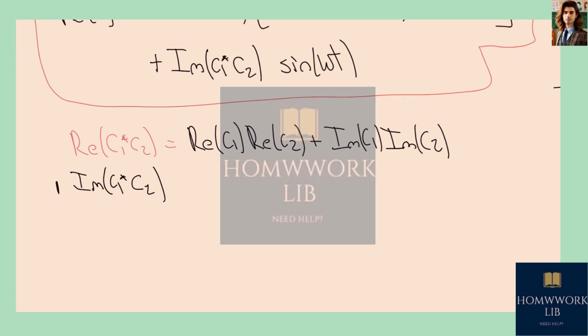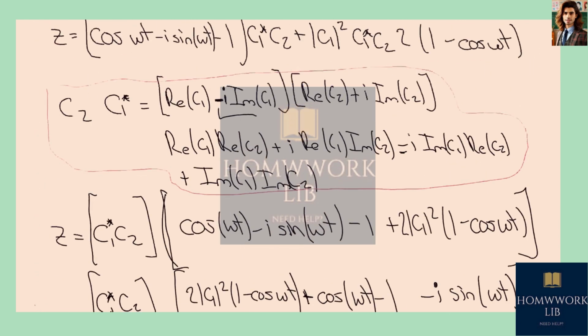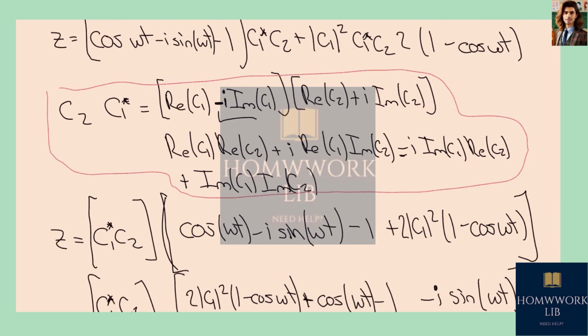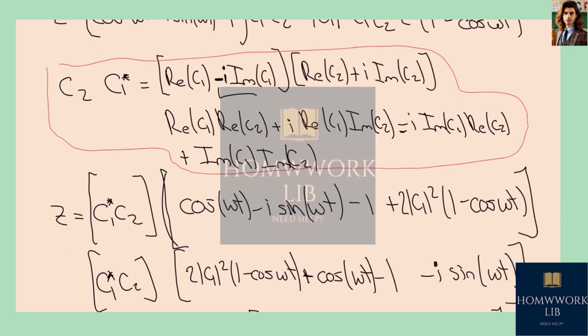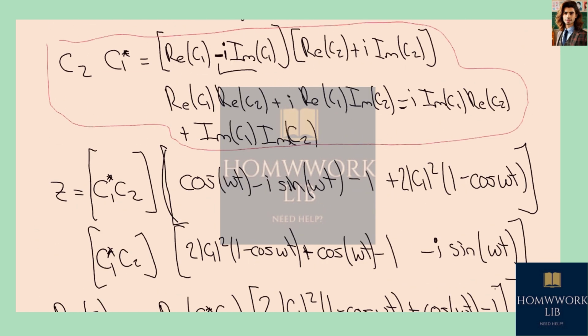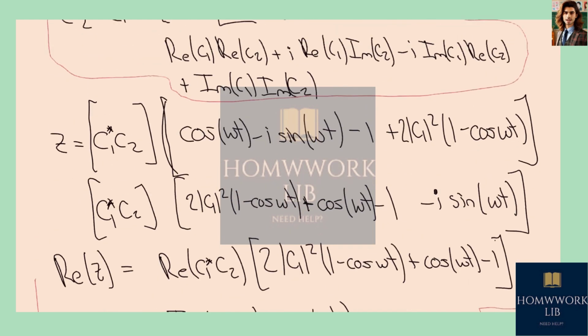And the imaginary part of that product, or to be more precise, I times the imaginary part of that product is going to be I times multiplied by the factor real of C1, imaginary of C2. Let me erase this small dot over here. Real part of C1, imaginary of C2, minus imaginary of C1, real of C2.